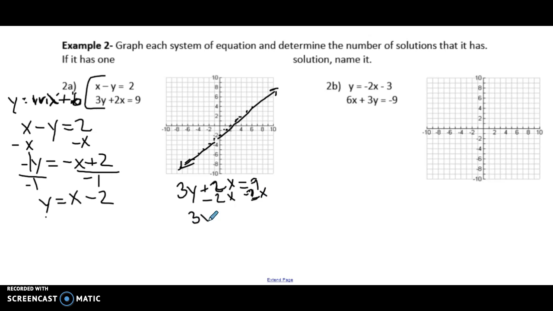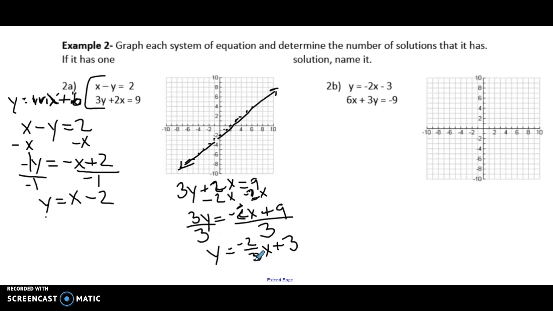I end up with 3y equals negative 2x plus 9. Now to get y by itself, I'm going to divide both sides by 3. And I have y equals negative 2/3 x plus 9 divided by 3 gives me 3.